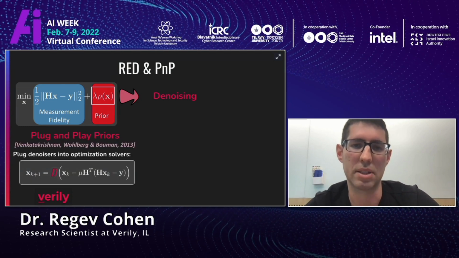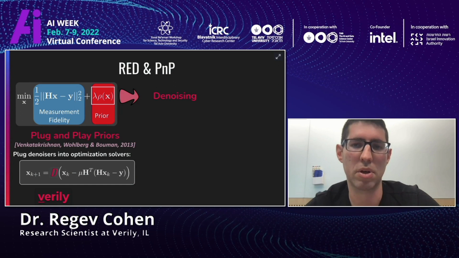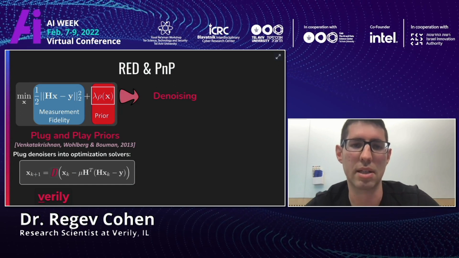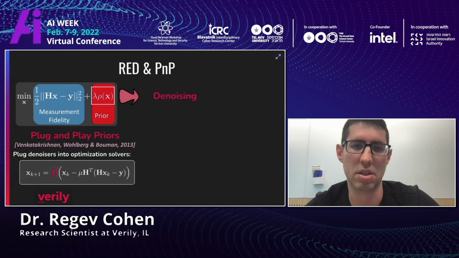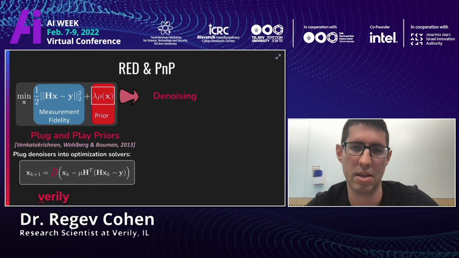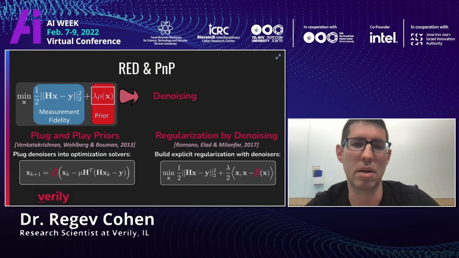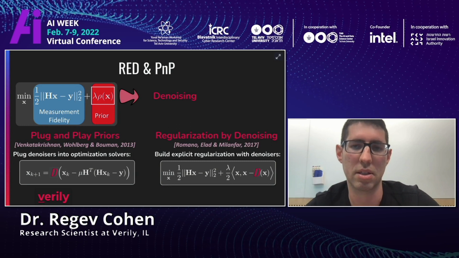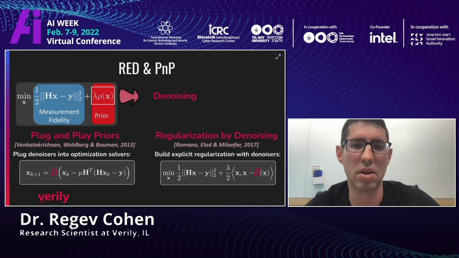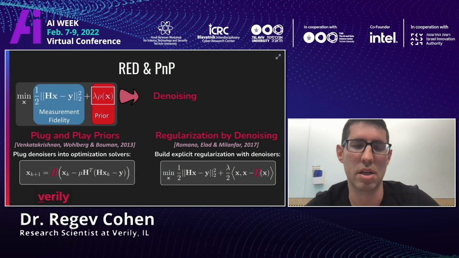The first example is the plug-and-play framework, PnP, which exploits state-of-the-art denoisers within standard optimization solvers, such as gradient descent. The second is the seminal work of regularization-by-denoising, RED, that utilizes the denoiser to build an explicit regularization term.